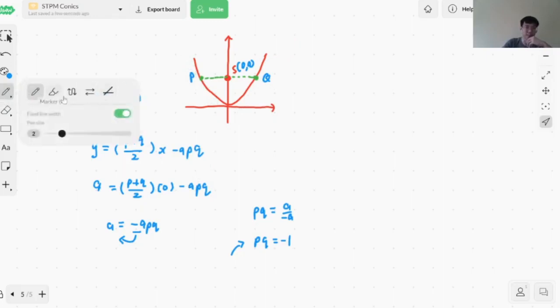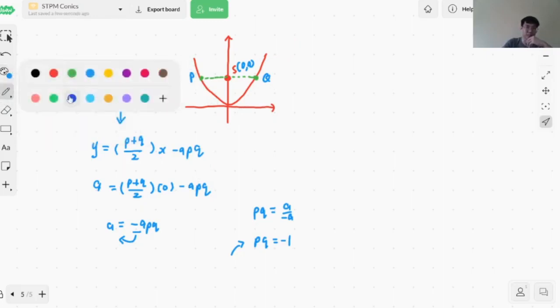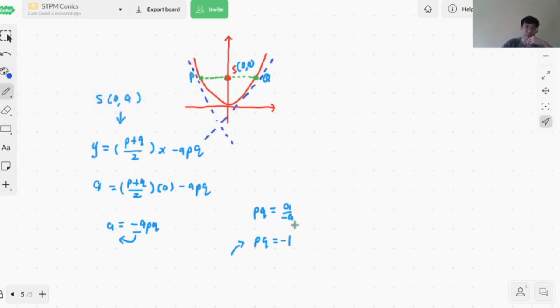So for example, let's say I have the p gradient here and the q gradient here. When they times together, it forms a perpendicular line. So meaning to say, m1 times m2 will equal negative 1.